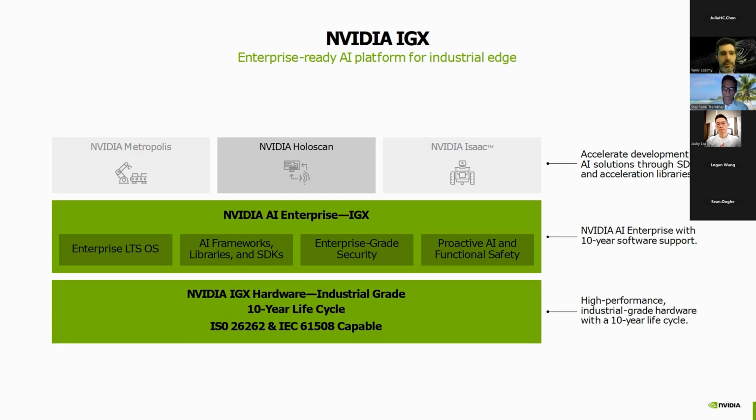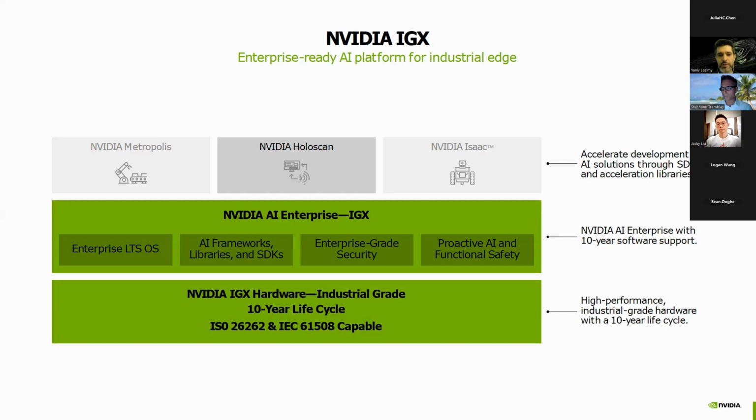But for now, it is tightly coupled with the frameworks that we see above, in the software layer: NVIDIA AI Enterprise for IGX. This is software that is licensed, developed and supported by NVIDIA. It involves a long-term support stack built on an OS, AI frameworks, libraries, SDKs, and enterprise-grade security. So we do security patches and CVEs, and support that fully.